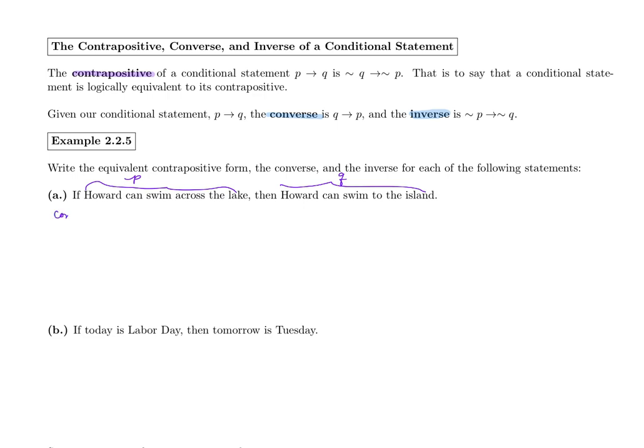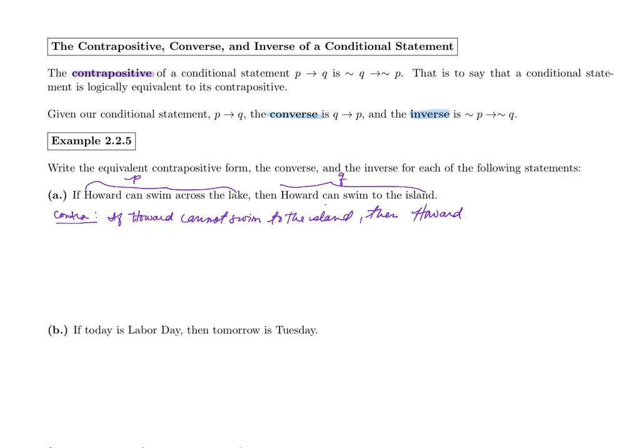So our contrapositive says, okay, negate both and switch the order. So my contrapositive would say, if Howard cannot swim to the island, then Howard cannot swim across the lake. And that makes sense, right?